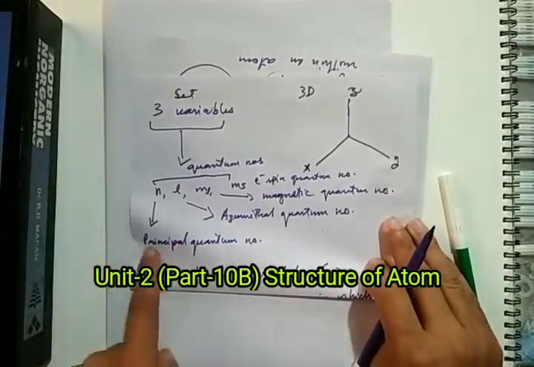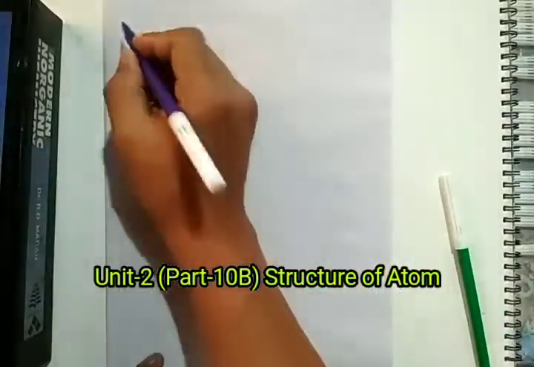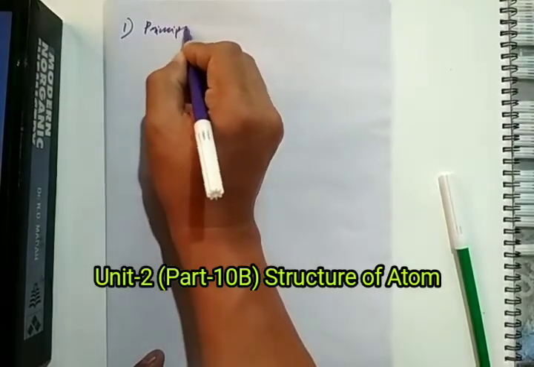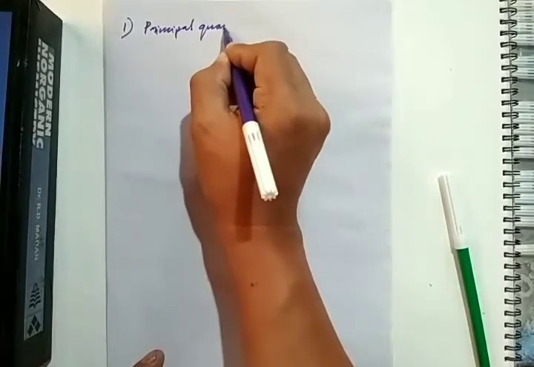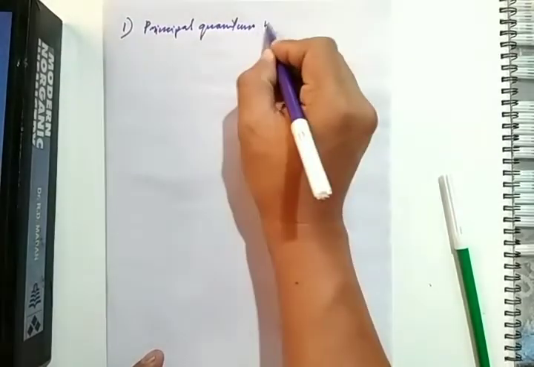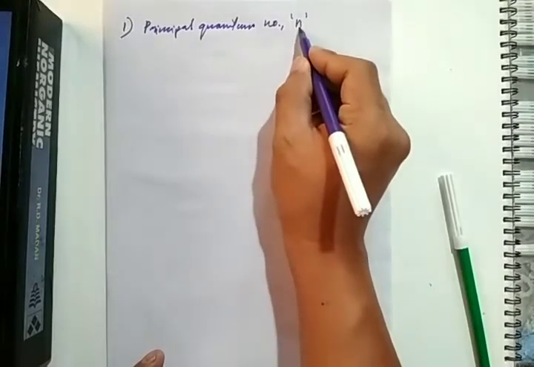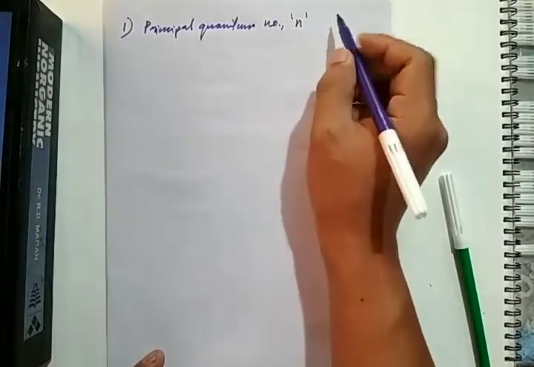Now we are going to discuss the first one, principal quantum number. Let me write it in short form, represented by n.